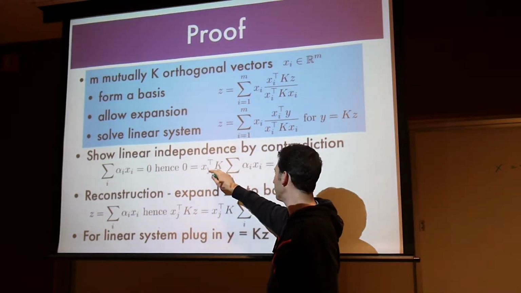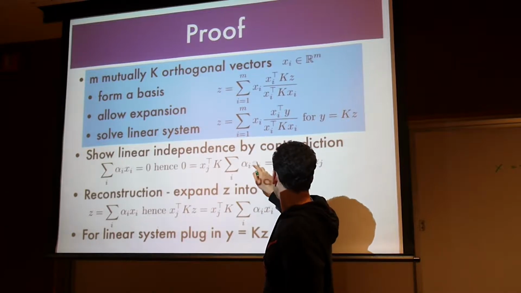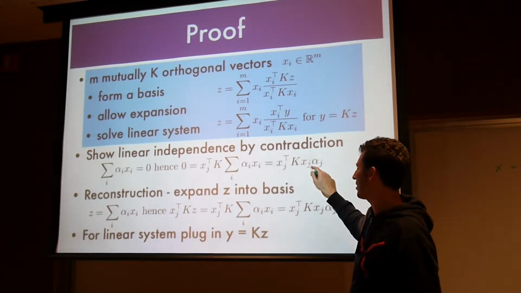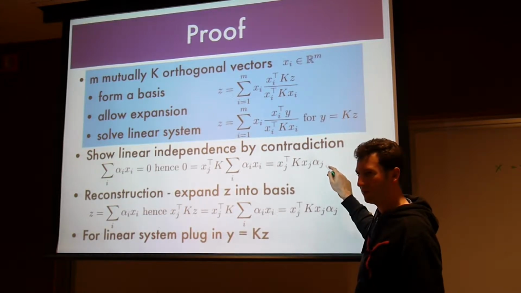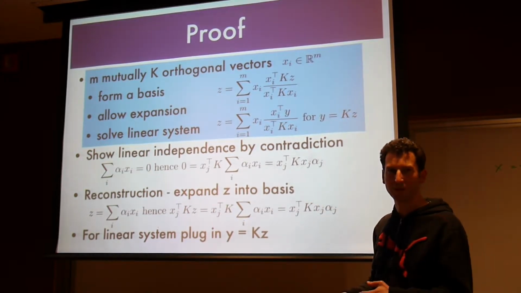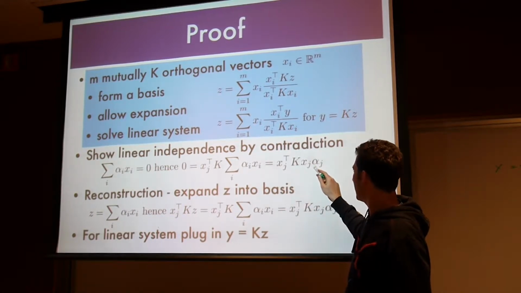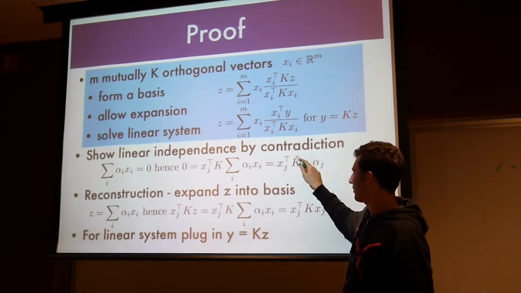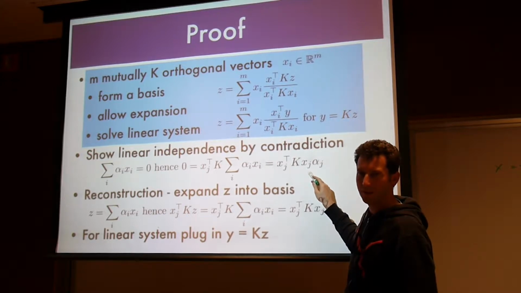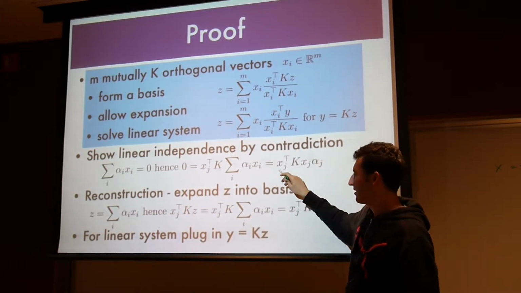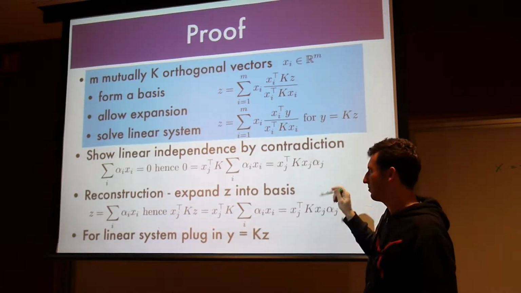That's something I can always do. At this point, the only term that survives is x_j transpose K x_j times alpha_j, because all the other terms were K-orthogonal. Now, this can vanish only if alpha_j is 0 or the first term is 0. The first term can't be 0 because K is positive definite and these are non-zero vectors.